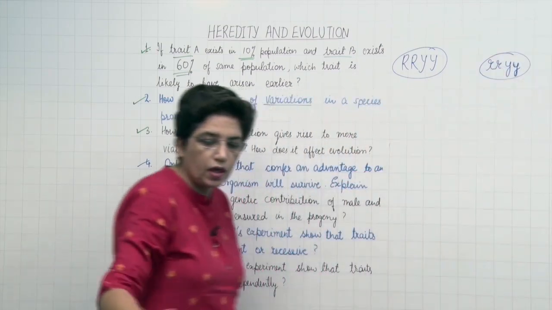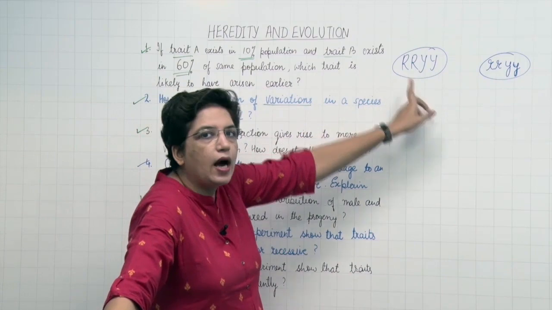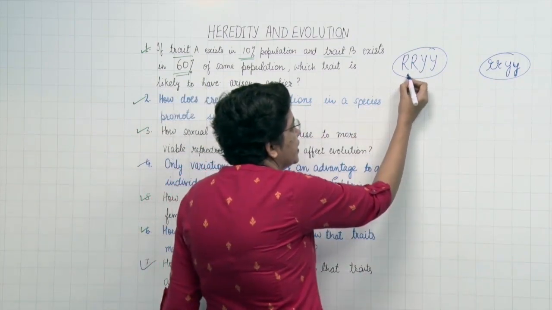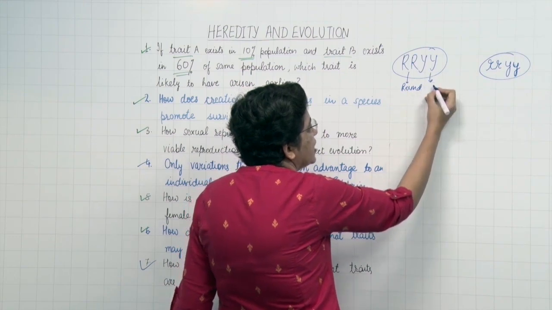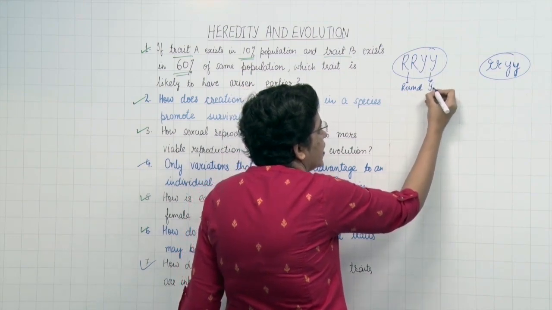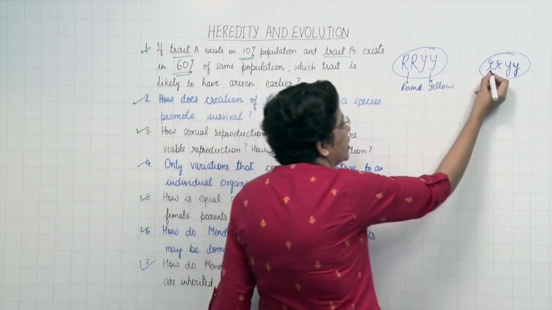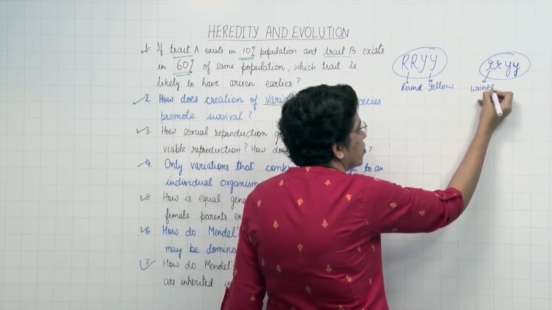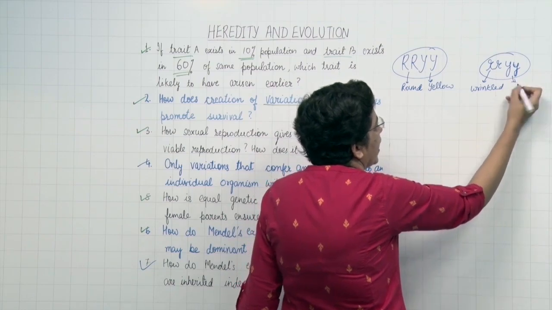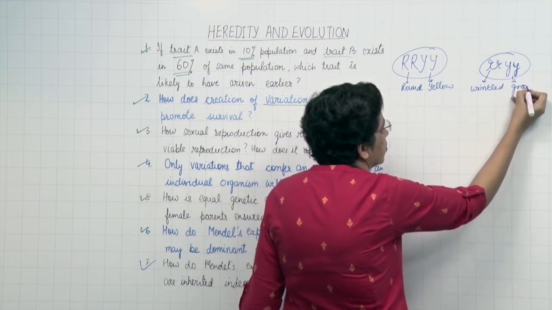Capital R means the seeds are round, while Y represents yellow colored seeds.